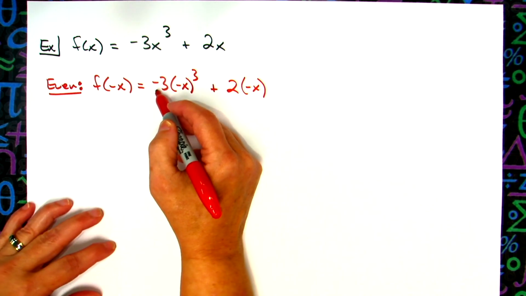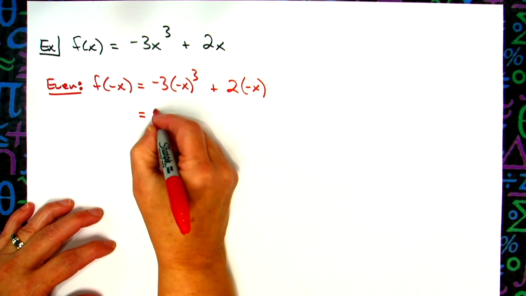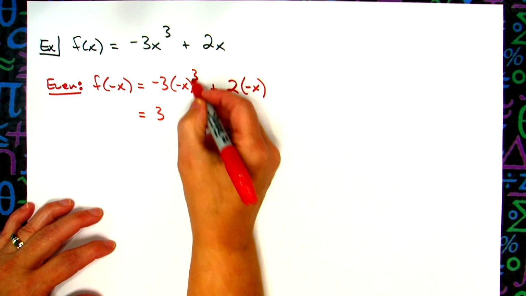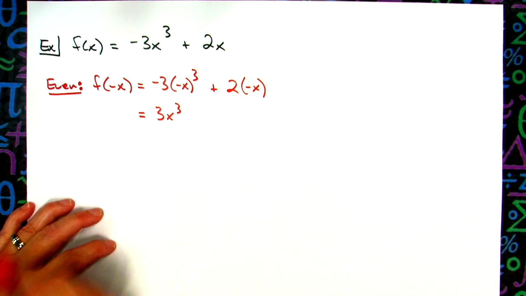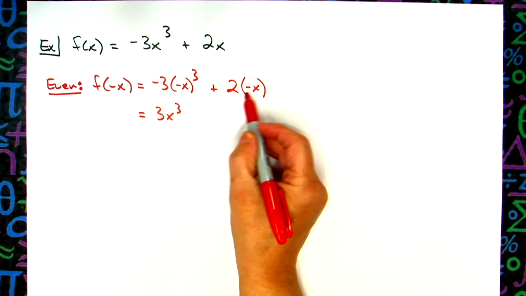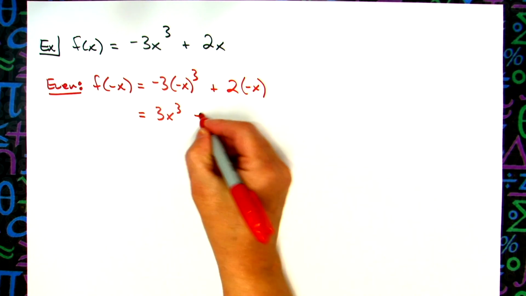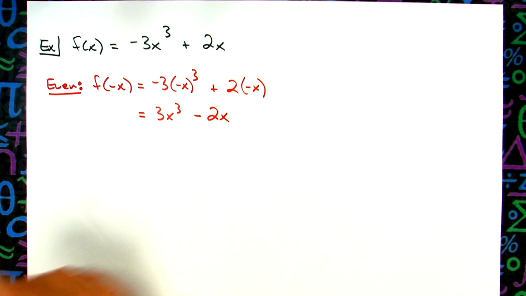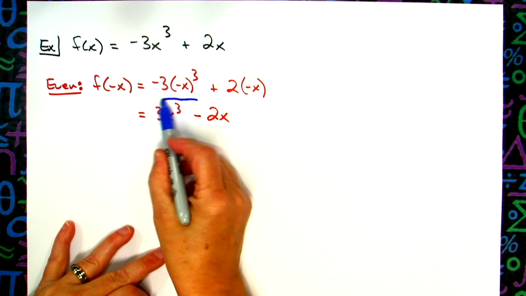Negative times negative makes it a positive, so I'm going to have a positive, and then x to the third is just x to the third. You can do that simplification in your head. Now a negative times a positive right there makes the overall thing negative, so this becomes a minus 2x. That's all there is to it.